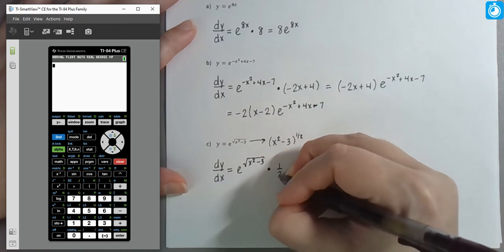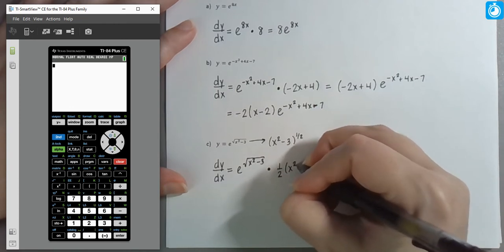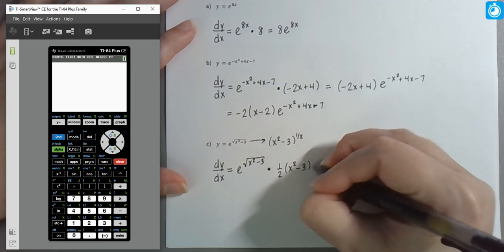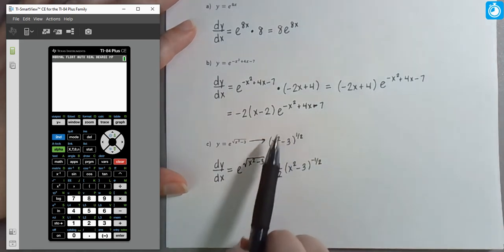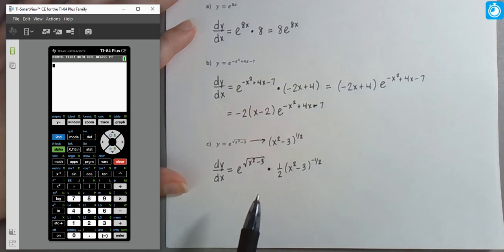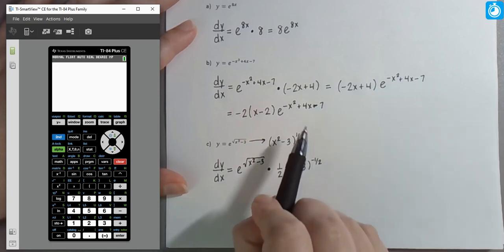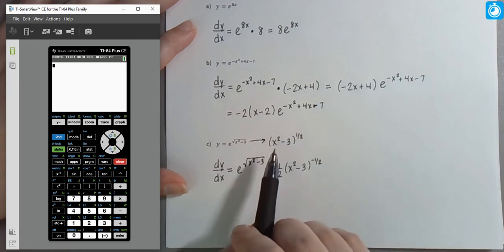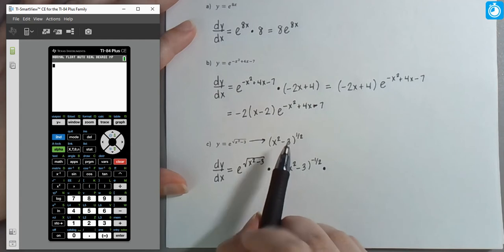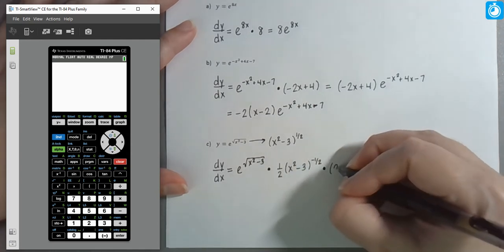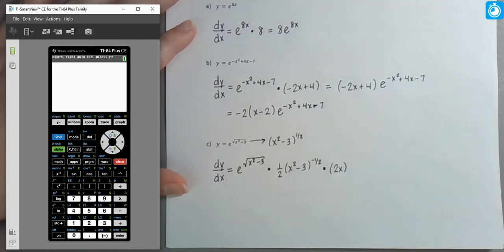So that's going to give us 1/2 times x squared minus 3 to the negative 1/2. And then there's also a function contained within our inner function. So it's almost like 3 functions nested together. So I've differentiated the outer portion of this function, and now I need to multiply by the derivative of the inside, which would be 2x.